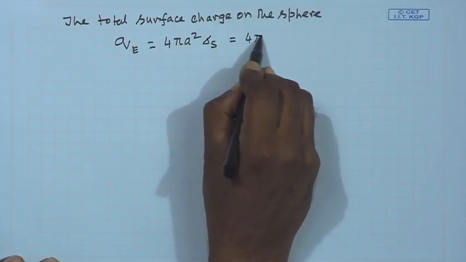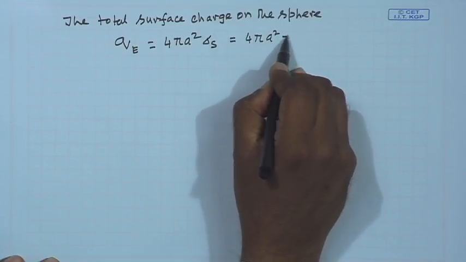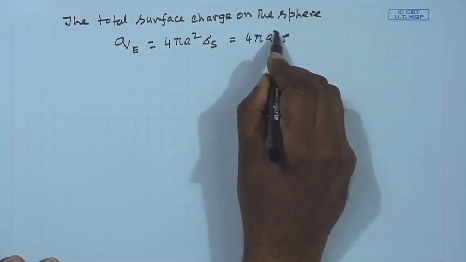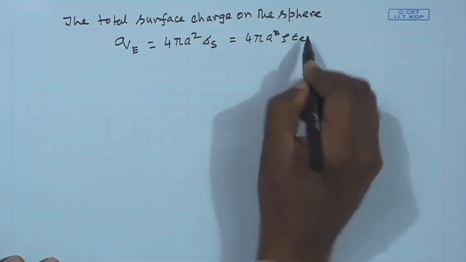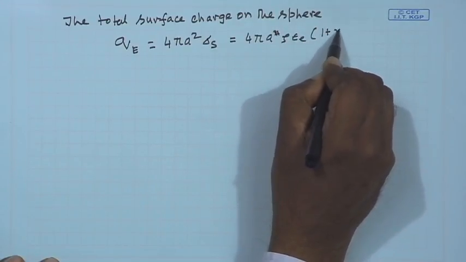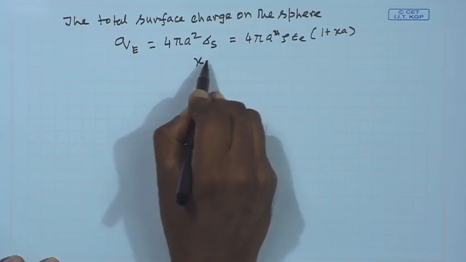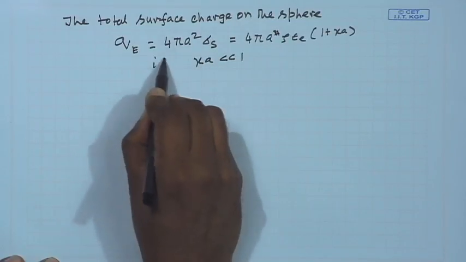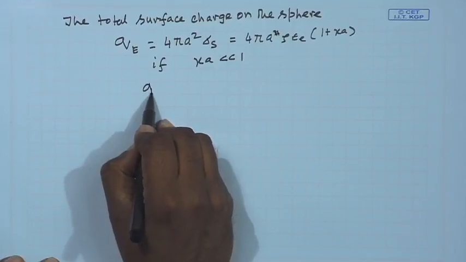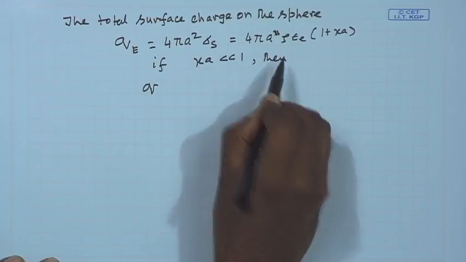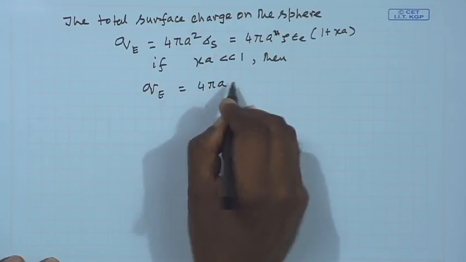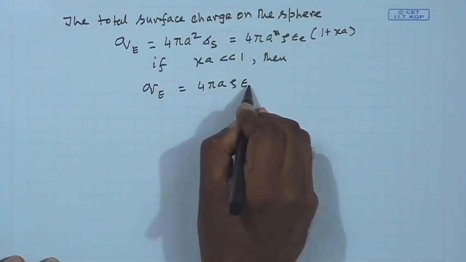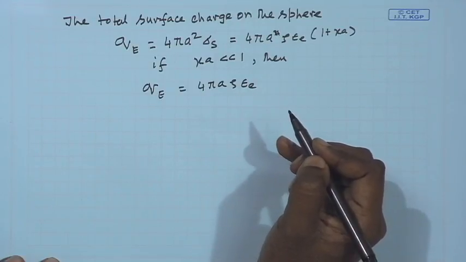So, 4 pi A square zeta, A got cancelled, zeta epsilon E over 1 plus kappa A. So, under this assumption, what I get is QE becomes 4 pi A zeta epsilon E. Okay. 4 pi A zeta epsilon E.